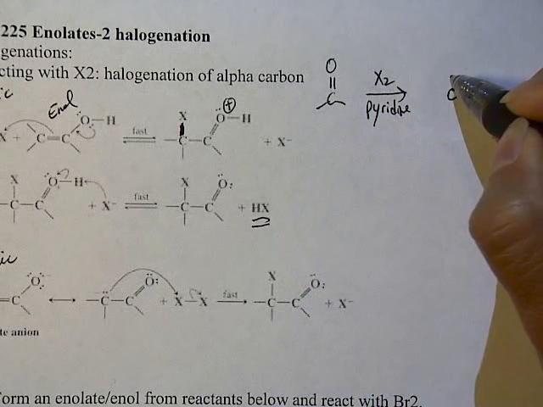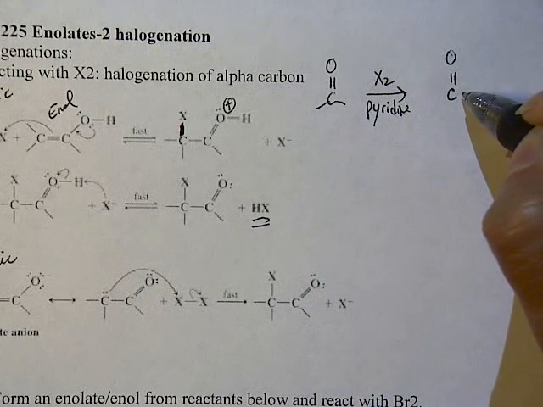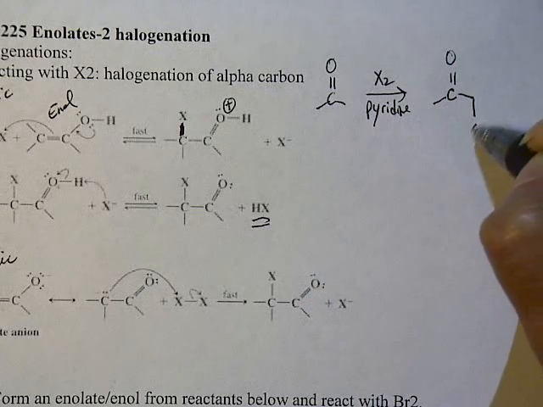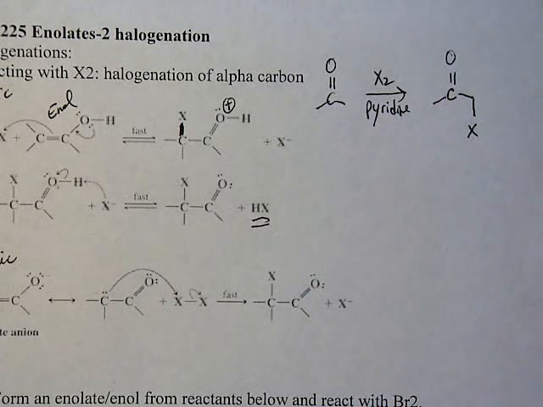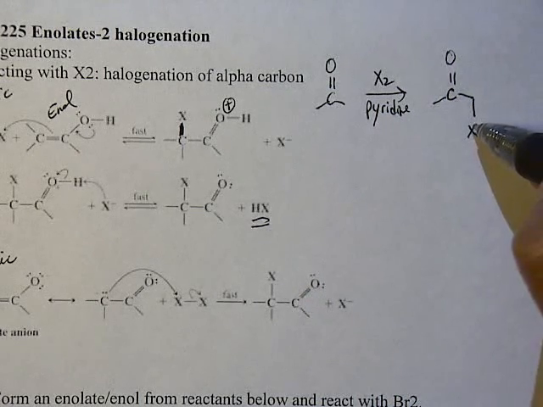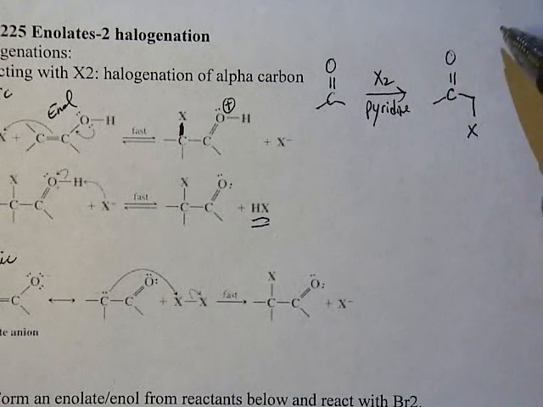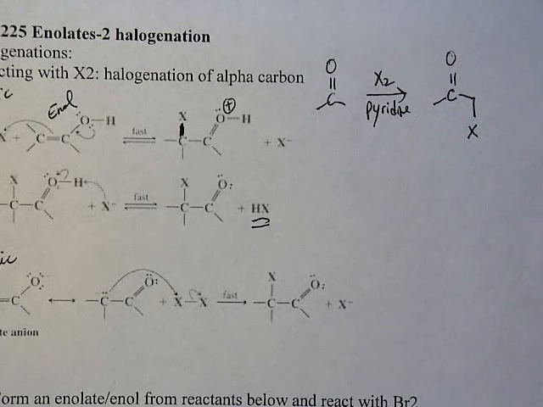So then you basically have the carbonyl still, because you are putting the electrophile, which in this case is halogen, on the alpha carbon. So that's the overall product that you would get.